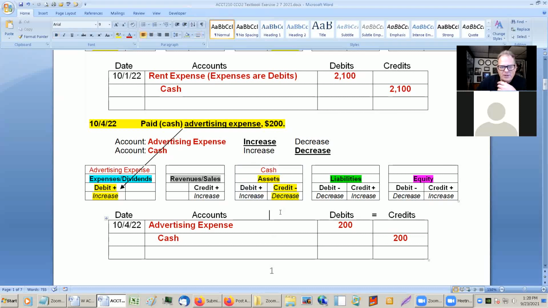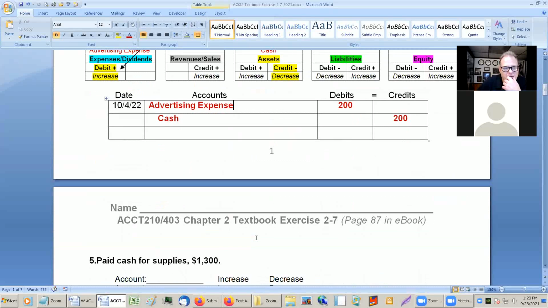I would encourage you to, because I'm an accounting teacher, I tell you to learn that stuff. But for just making the journal entry, if you know one's a debit, you know what the other side is. It's got to be a credit.